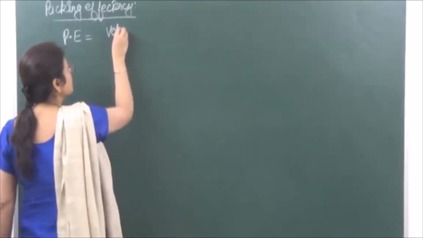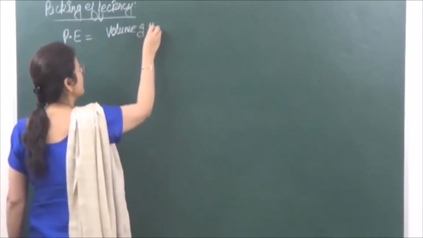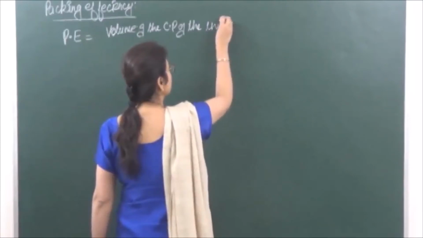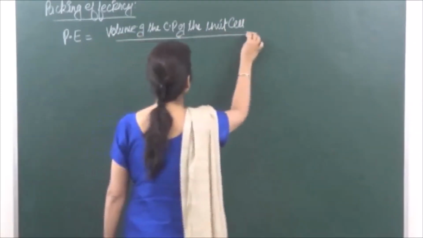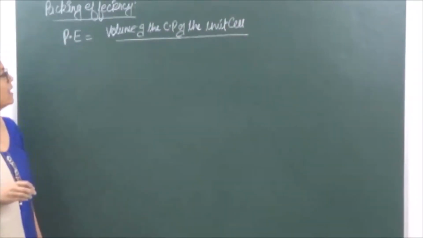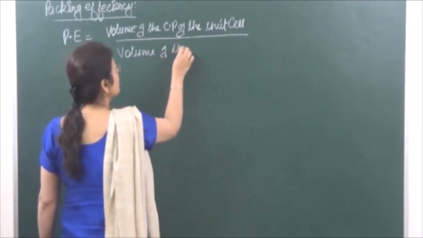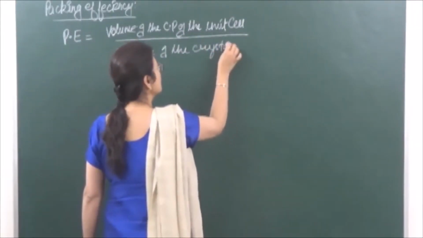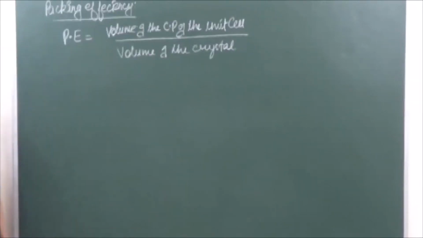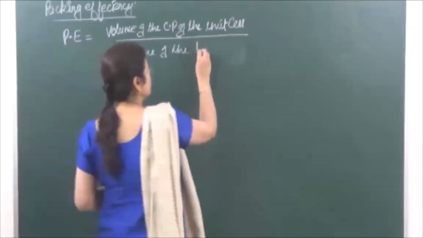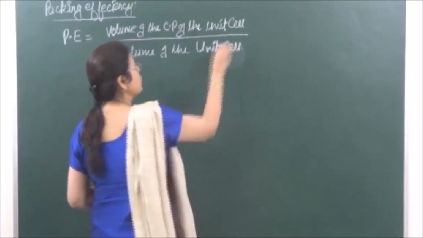So if we are doing it mathematically, packing efficiency is going to be equal to the volume of the constituent particles of the unit cell upon the volume of the crystal or volume of the unit cell. Because we are taking the unit cell, in the denominator also, instead of crystal, we can take the volume of the unit cell, right?